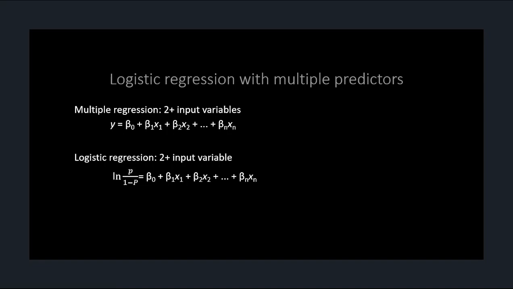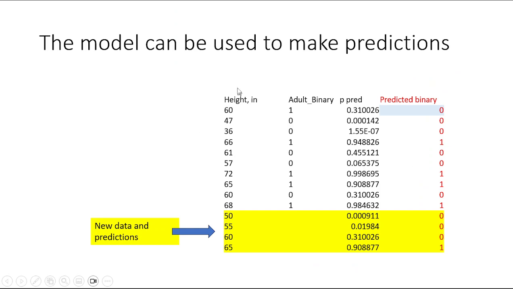You can also do multiple predictors. Now, different courses cover different things. Multiple regression is covered in statistics too, and we'll cover a little bit in applied data analytics. I'm not going to do multiple input for logistic regression, but very importantly, the example we just did, we're only using one x value, height.